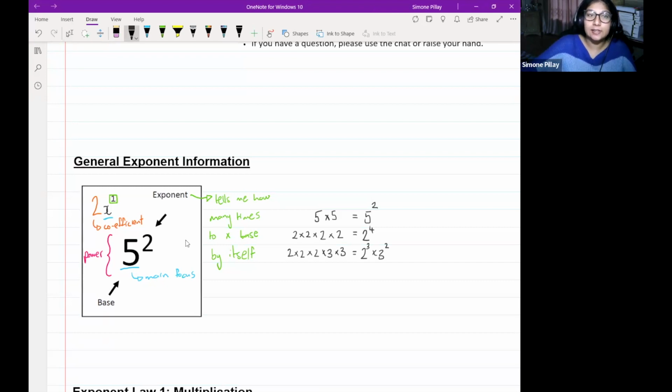How did we get this? I knew that I could take all of these 2's together and multiply them together to give me 2 to the power of 3. And then I knew that I could take these 3's together and it could give me 3 to the power of 2.